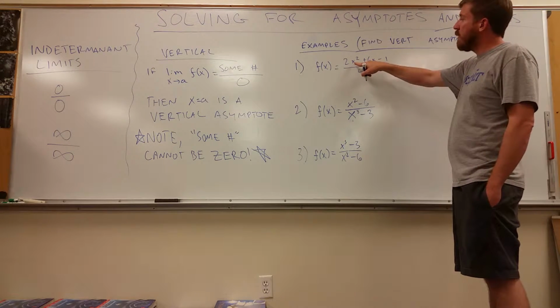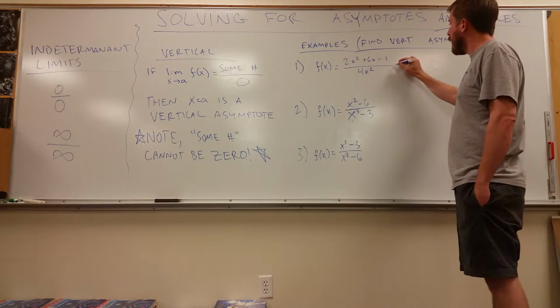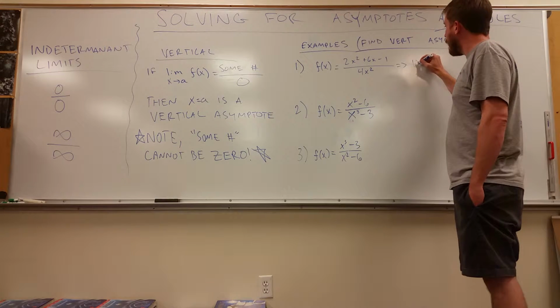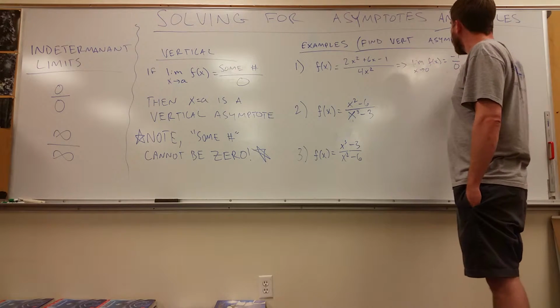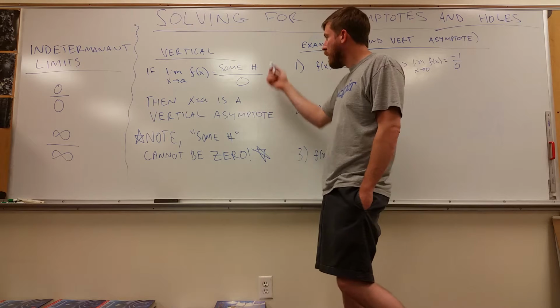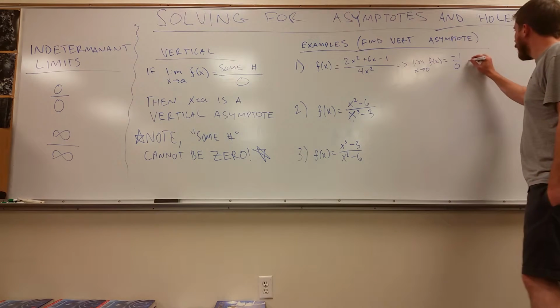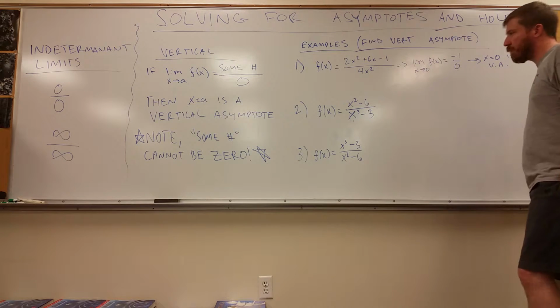If x equals 0, this is 0, that will be 0, and that will be -1. So the limit as x approaches 0 of f of x would be -1 over 0, where -1 is some number that's not 0 over 0. Therefore, x equals 0 is a vertical asymptote.